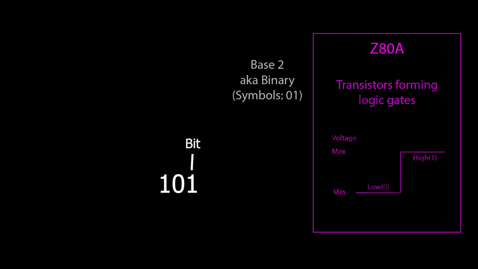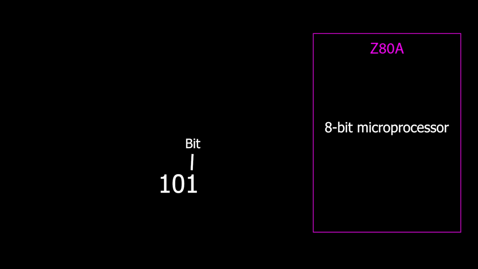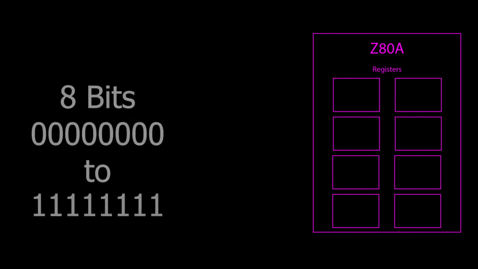Now the Z80 is an 8-bit microprocessor. What does that mean? Well, inside the Z80 are structures called registers that are used to temporarily store data while the Z80 is executing code. The largest number that each of these registers can store has 8 binary digits.